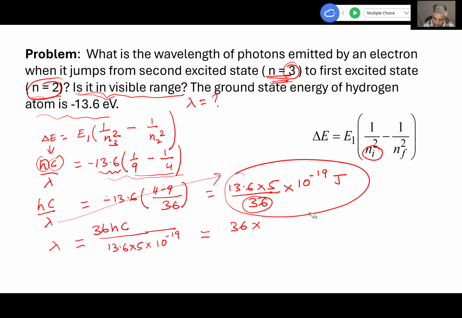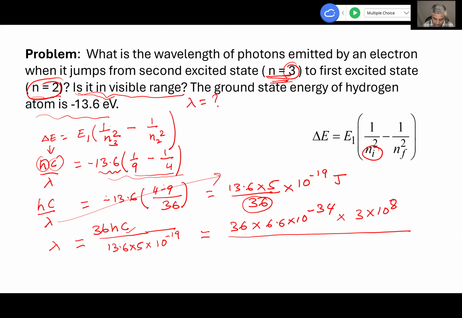36 times, now for h, which is 6.6 times 10 to the power negative 34, and c is the speed of light, which is 3 times 10 to the power 8, and this is 10 to the power negative 18, so I can bring that up and write 10 to the power positive 19, and we have this 13.6 times 5. I think that's going to be 68.